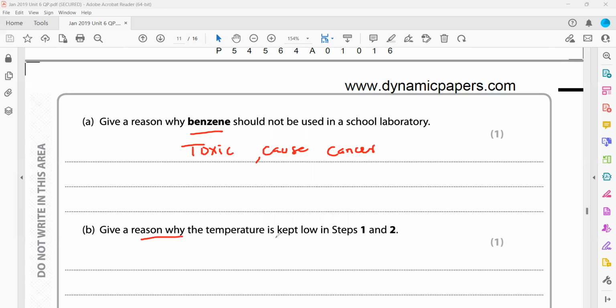Give a reason why the temperature is kept low in step 1 and step 2. So as I mentioned, the reaction with sulfuric acid is highly exothermic.